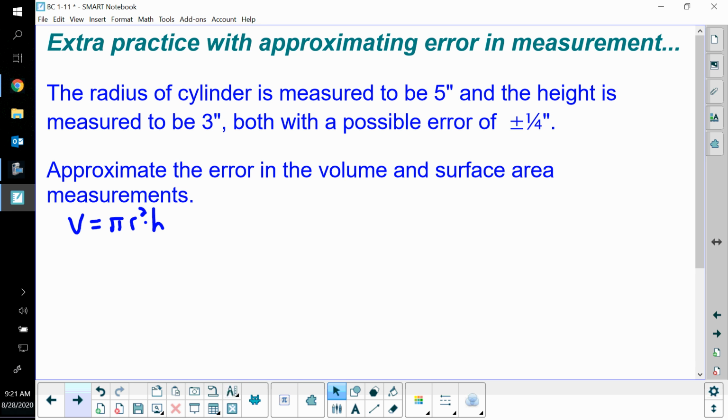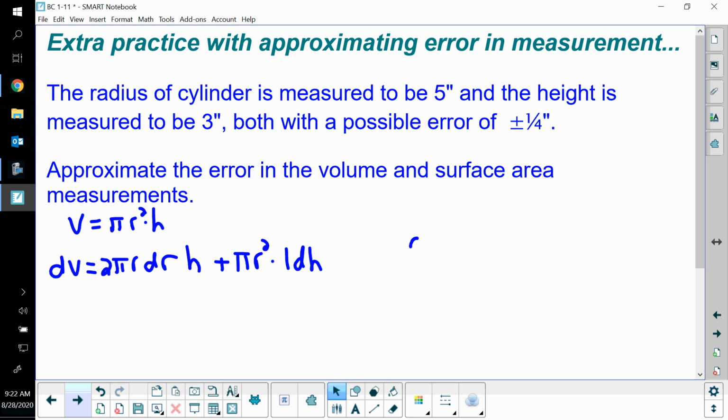So whenever you take the derivative of a thing, eventually it will end up as the d, that variable, at the end. So we're eventually going to get dV, derivative of pi r squared would be 2 pi r, and eventually we would get the dr there, times regular h, plus regular pi r squared times 1 times the dh.